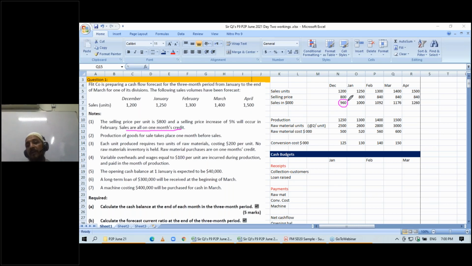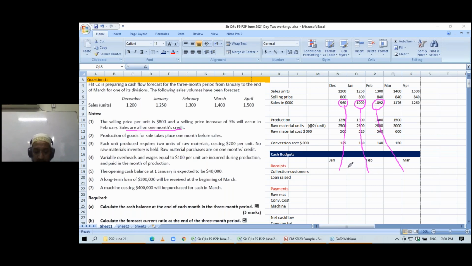So you won't be receiving 960,000 in December. When will you receive it? You will receive it in January. So 960 will be received in January, and the January amount will be received in February, and the February amount will be received in March, right? So this is how the sales will be collected.